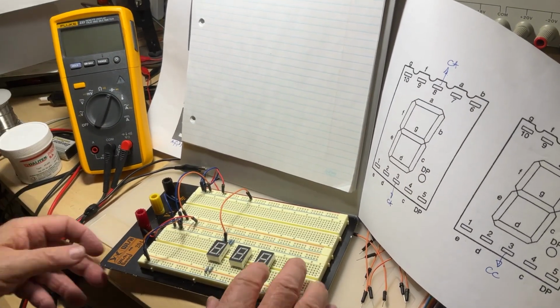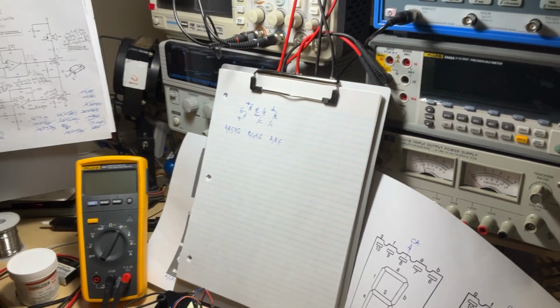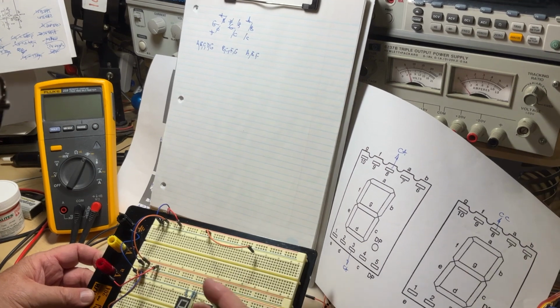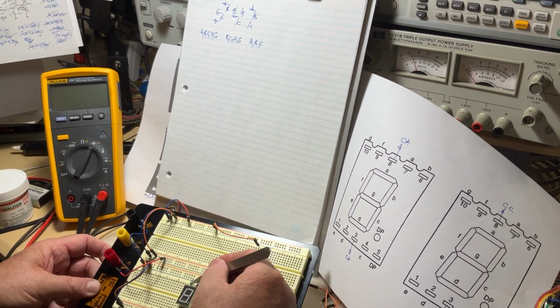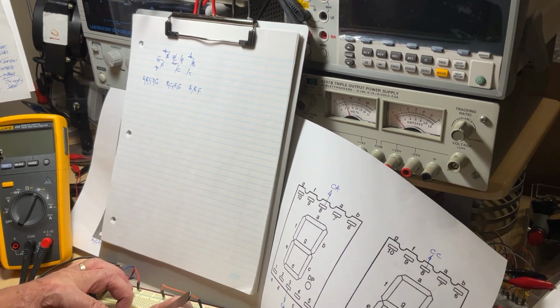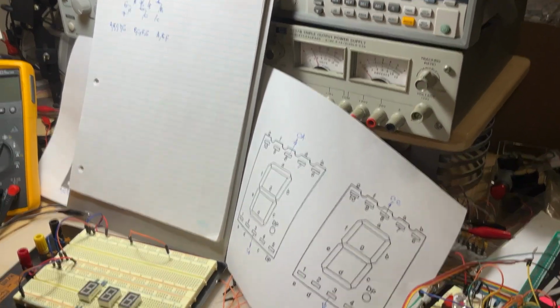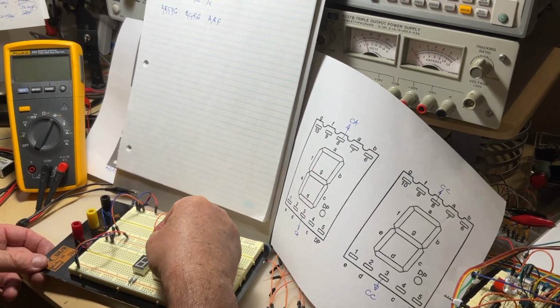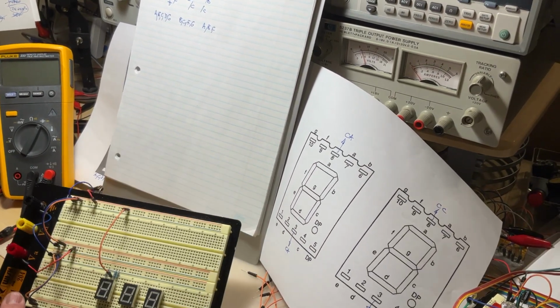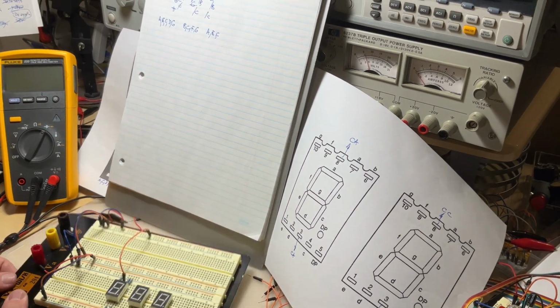I check it, and because this one should have been a 3, I realize that it should be on the G, which is the pin 10, it's not 9. Okay, so we check it again. We have the 3. Next, it has to be the 4.